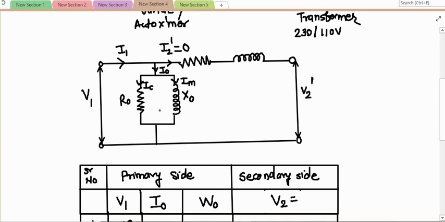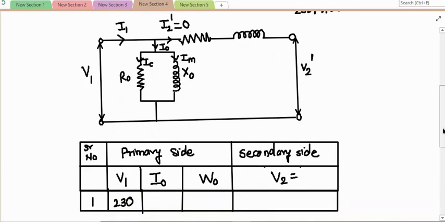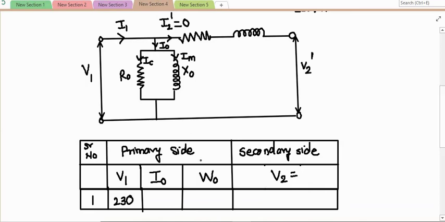So the values of R0 and X0 of the shunt circuit accounting for no load current can also be calculated from the data obtained from the open circuit test on the transformer. So this figure gives you the equivalent circuit of transformer referred to primary side. I will write down here, this is referred to primary side.